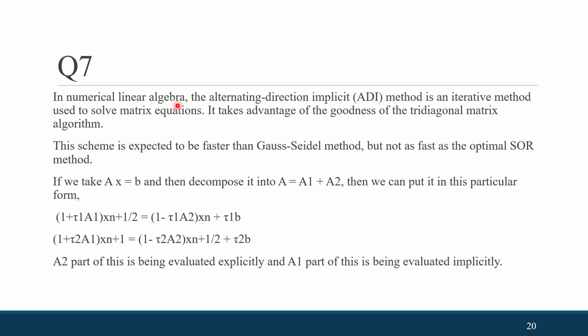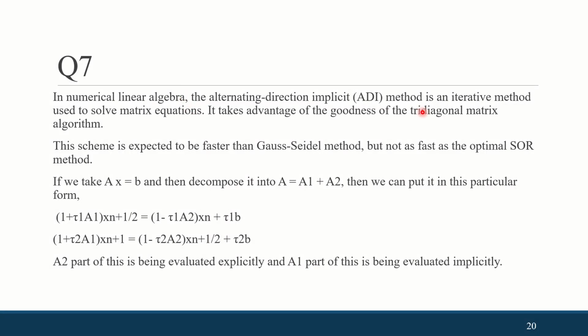In numerical linear algebra, this slide we have seen before also, but to understand it in the context of the question, I have put it again. The alternating direction implicit method is an iterative method used to solve matrix equations. In the previous question it was about iterative methods.